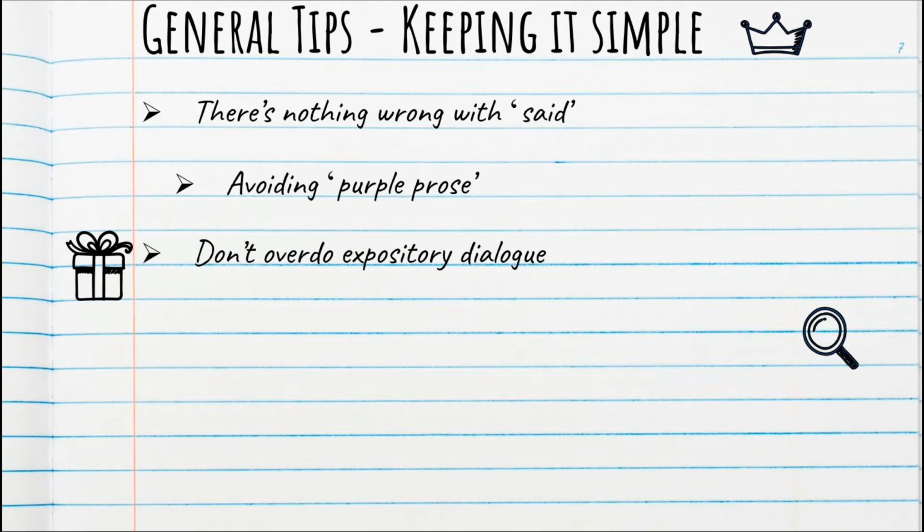This way, there's a reason for the information to be given so that it feels a little more natural. But if you just have two characters talking and one character is just sitting there basically explaining everything to another character and by proxy to the reader, it's boring and it's obvious. So just be aware of that as you're doing it.